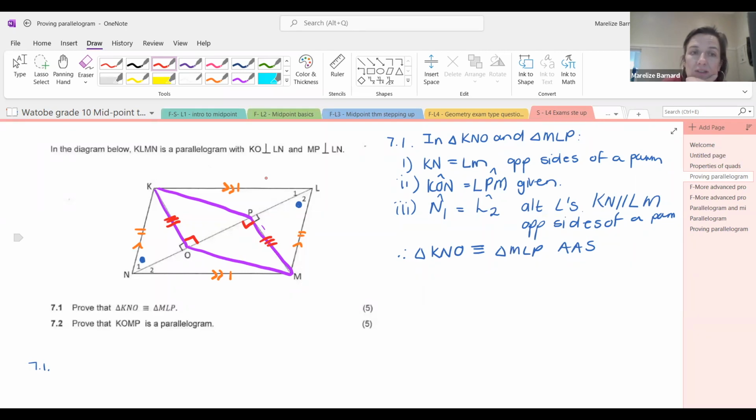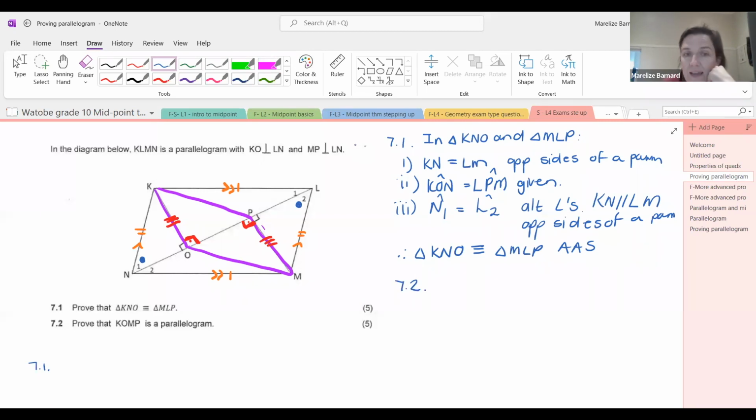And when you look at those two angles that we've just indicated as 90 degrees, they are alternate. And because they are alternate and equal, it means that KO is going to be parallel to PM. And that's going to give us our parallelogram because one pair of opposite sides is going to be parallel and equal. Okay, so let's put all of that down.